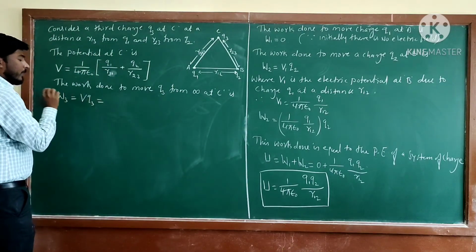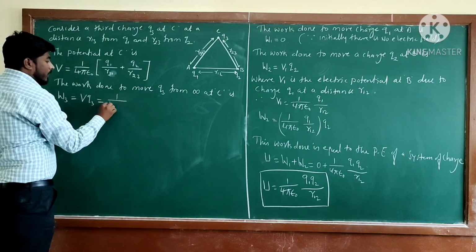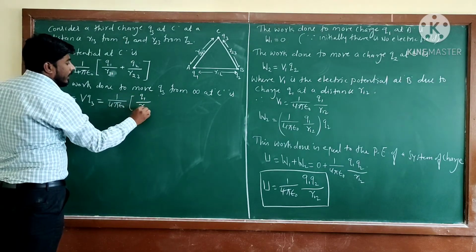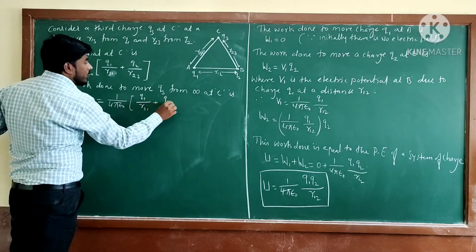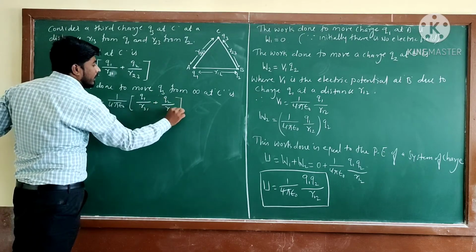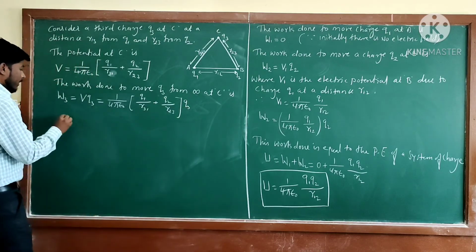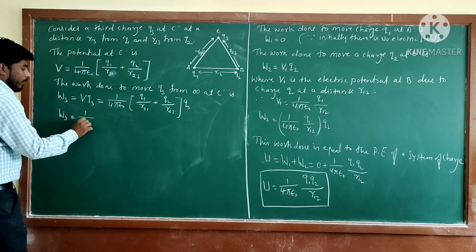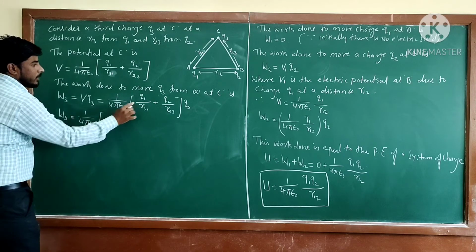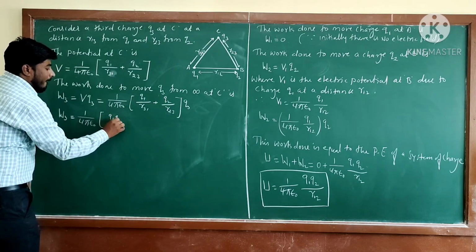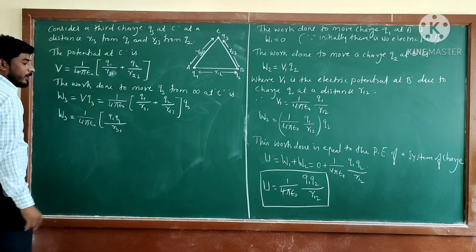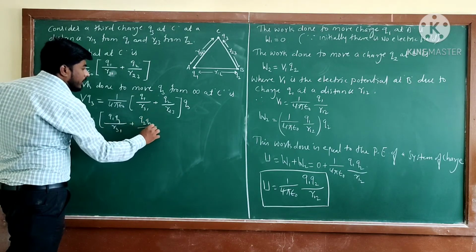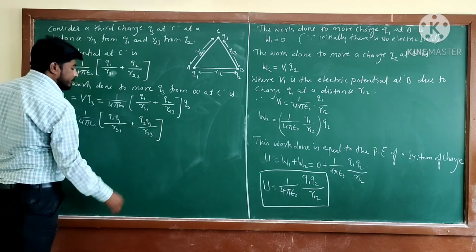So what is the value of V here? V is nothing but 1 by 4 pi epsilon naught, Q1 divided by R31 plus Q2 divided by R23, into Q3. Or W3 is equal to 1 by 4 pi epsilon naught, Q1 Q3 divided by R31 plus Q2 Q3 divided by R23.